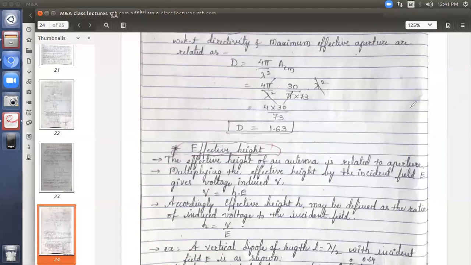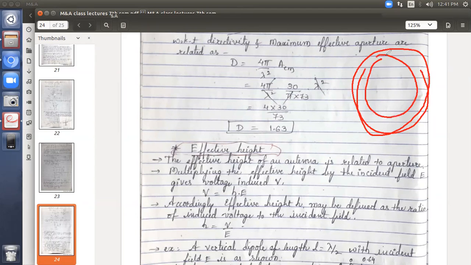Just like effective aperture, if you have this much area, out of this it may be that due to some losses only this much is useful for us. This shaded part may not be useful. That's why effective aperture will be lesser than the actual aperture.